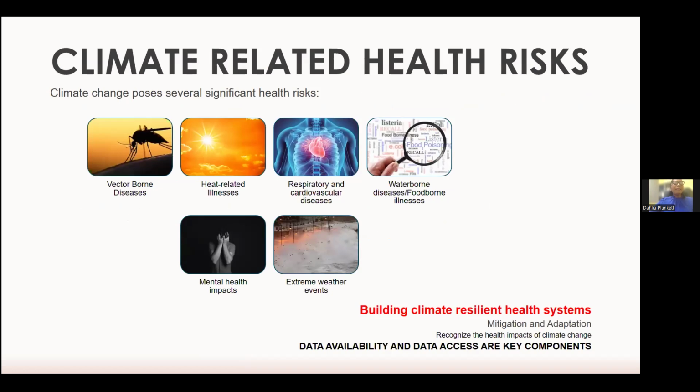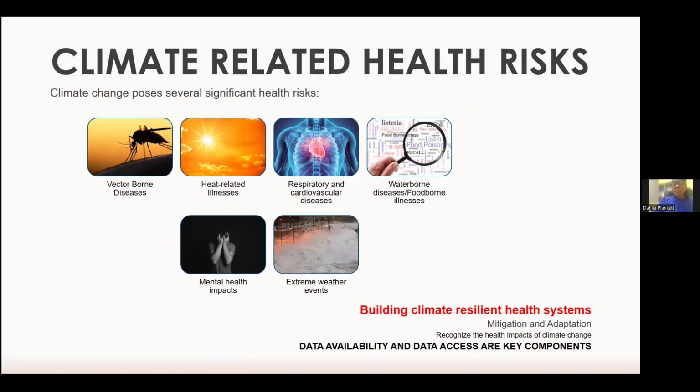So for climate change, we have recognized that it does pose several significant health risks, and just to name a few: vector-borne diseases, heat-related illnesses, respiratory, cardiovascular diseases, waterborne diseases, foodborne illnesses, mental health impacts, and extreme weather events. And some of these were mentioned prior.